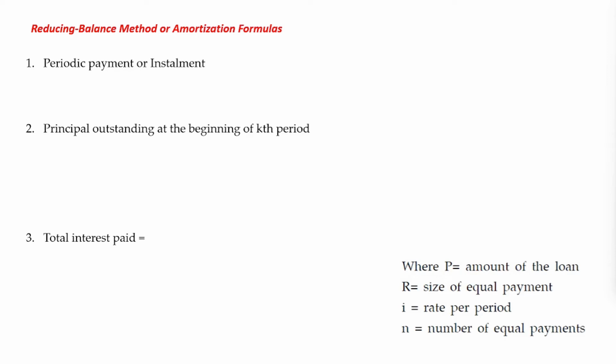So this is how EMI is calculated using the flat rate method. And now we have calculation of EMI using the next method, which is the reducing balance method, or these formulas are called amortization formulas. The first one is the periodic payment or installment, that is the EMI, which is R. It is given by P upon A angle N at I rate per period.